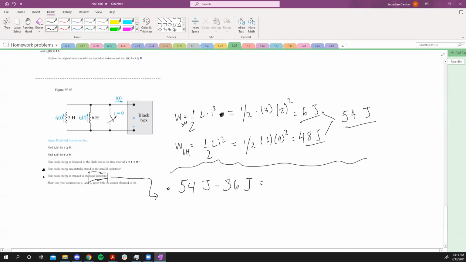So how much energy was this just starting from? That would be 18 joules.